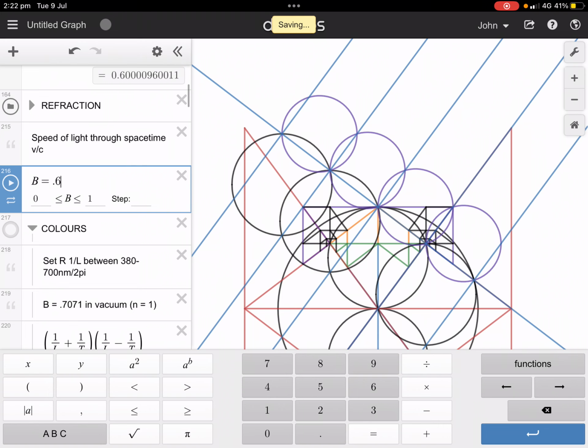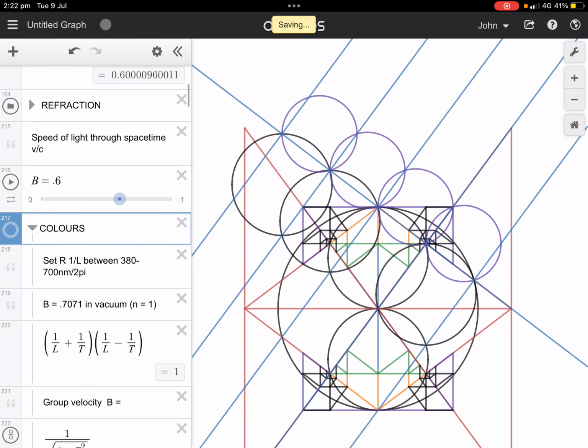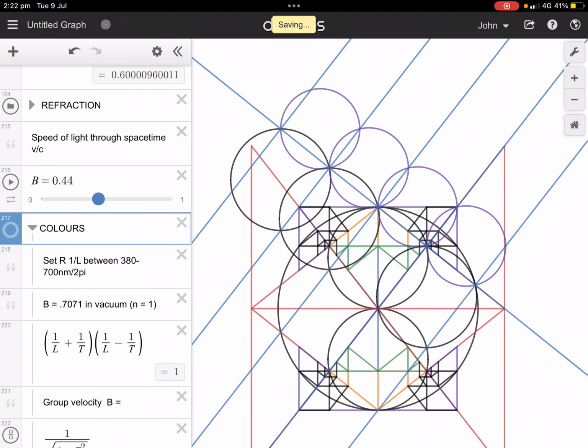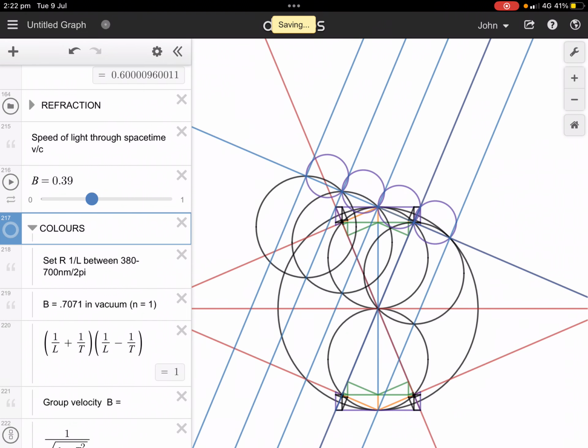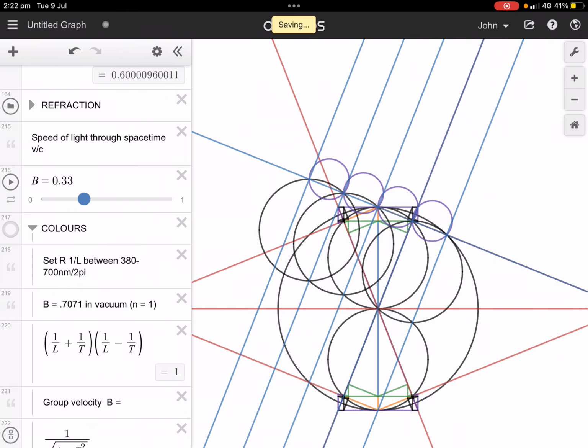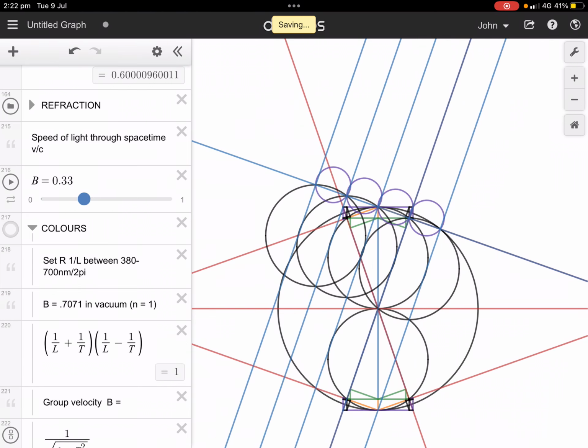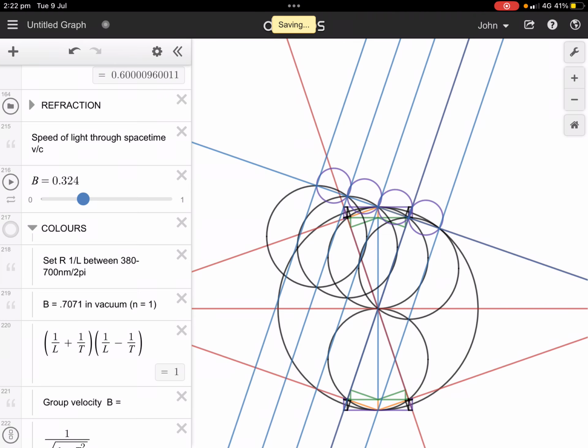So you'll see that as the material gets denser, these lines get closer together. As the material gets denser, the phase velocity of the photon decreases and decreases. See, those purple circles are the photons in the material.